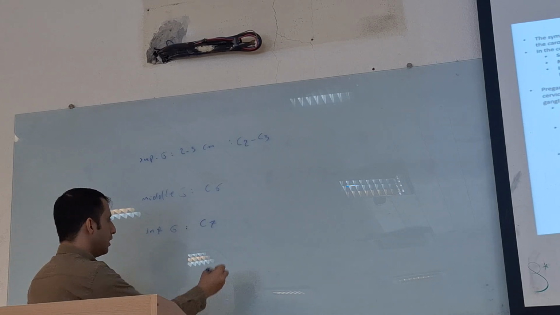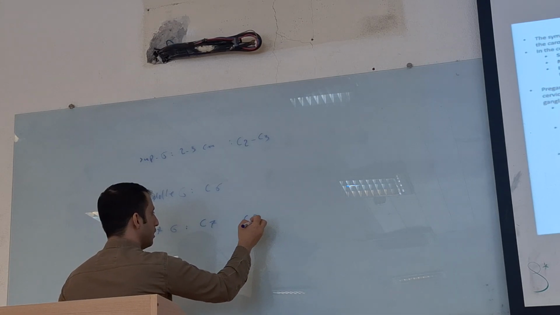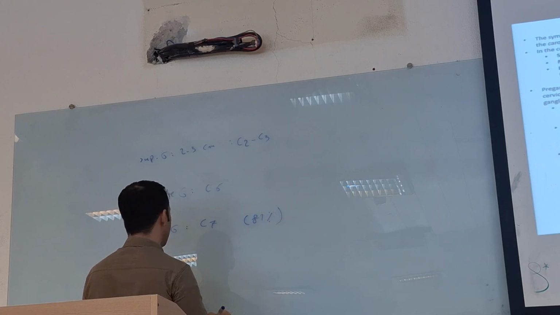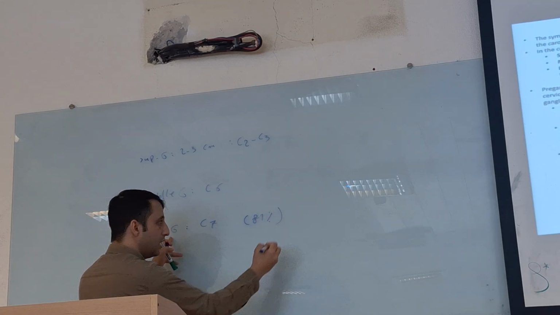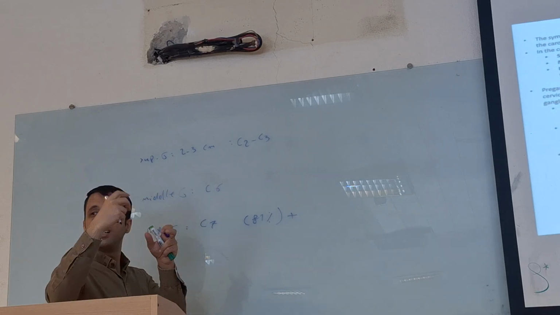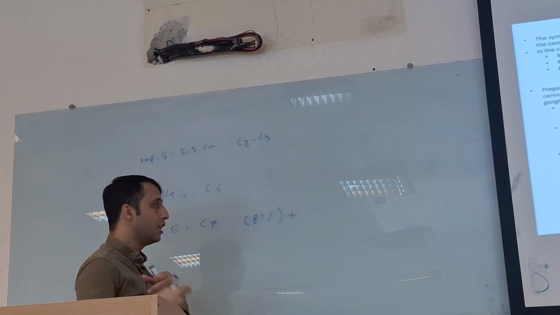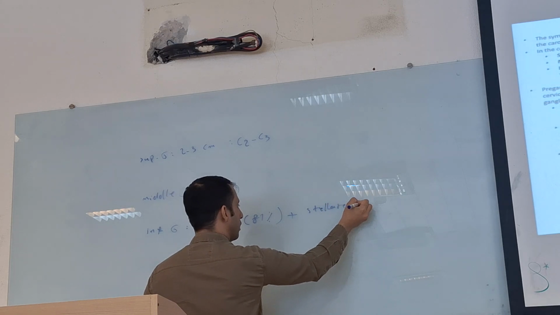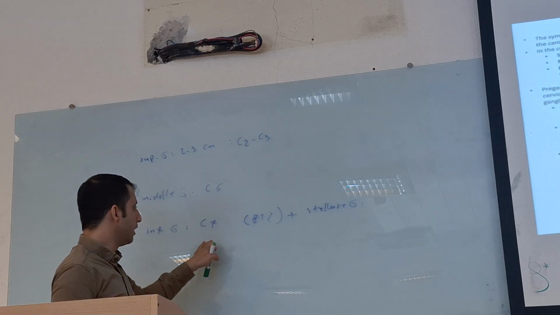However, in 81% of people, the inferior ganglion merges with the first thoracic ganglion and they make the stellate ganglion.